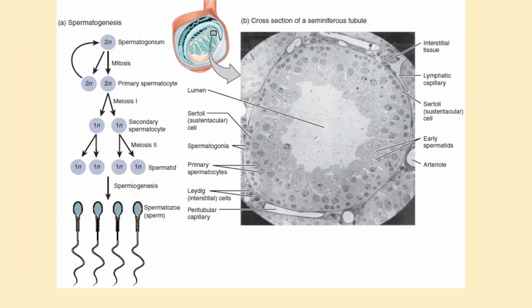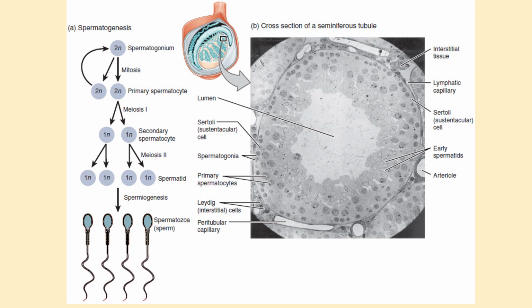Here the same thing is shown. You can see that immature male germ cells or spermatogonium undergo mitosis to produce primary spermatocyte. Primary spermatocyte then undergoes meiosis 1 to produce two haploid secondary spermatocytes, which further undergo meiosis 2 to produce four equal haploid spermatids.